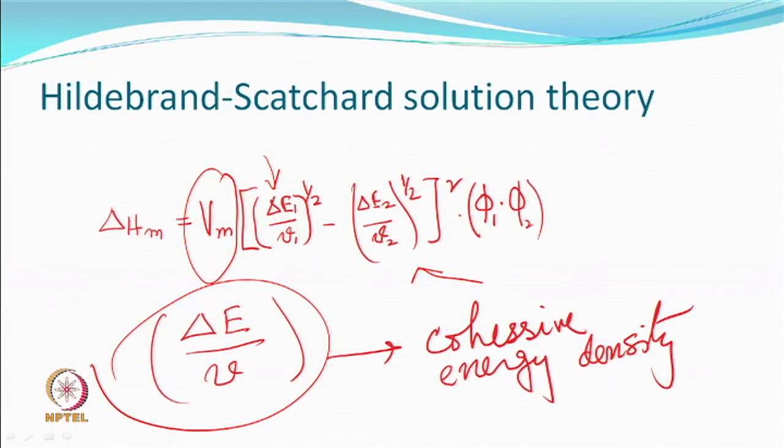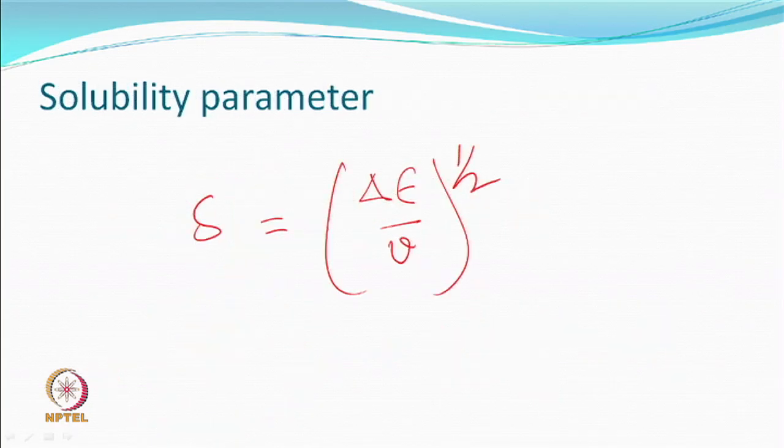And this is what they proposed, and incidentally they also said that the square root of this term is called the solubility parameter. Whether a polymer will dissolve in a solvent or not may not be governed only by the solubility parameter, but it is a good indicator considering the previous equation.